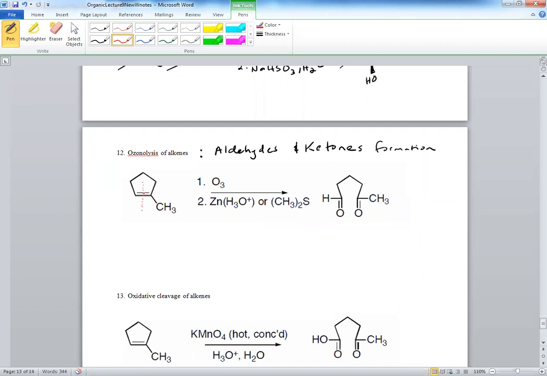So if you notice, an oxygen was made. The shortcut is the following. I'll make this bigger. Again, this is the double bond. You cut this in half and you add an oxygen right there.